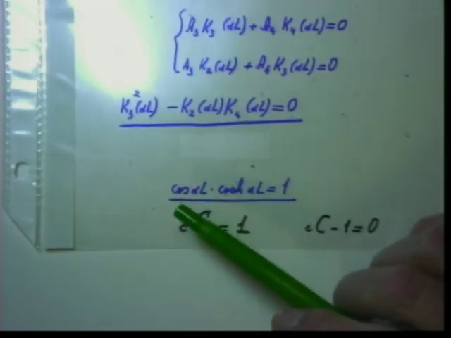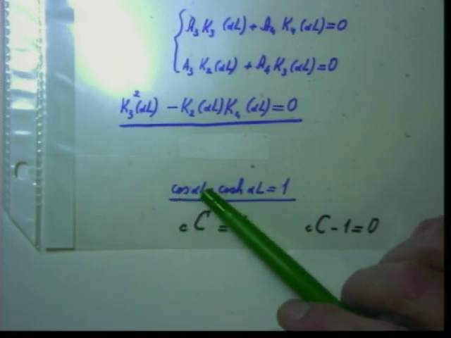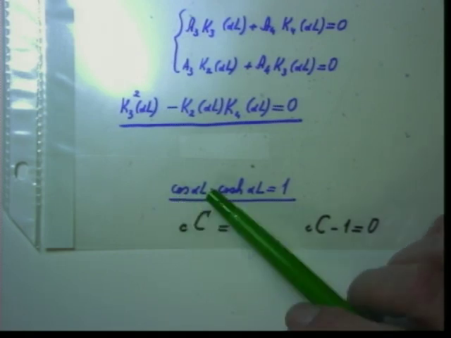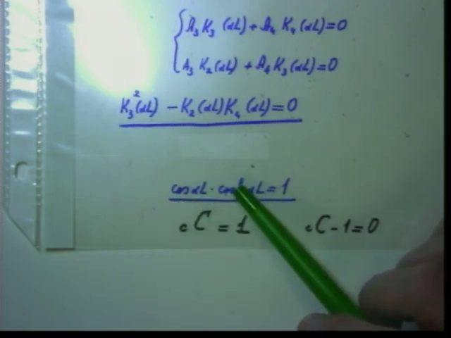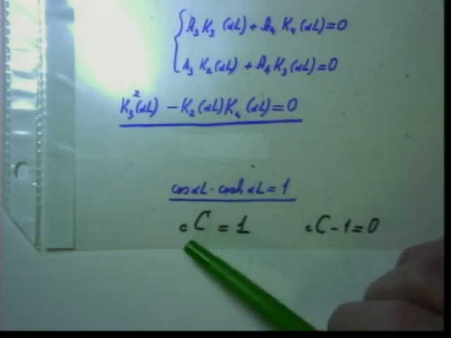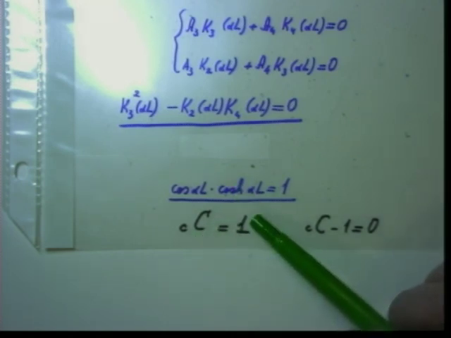If I denote the trigonometric cosine with a small c, and the hyperbolic cosine, because it takes big values, with a big C, I get CC equals 1.